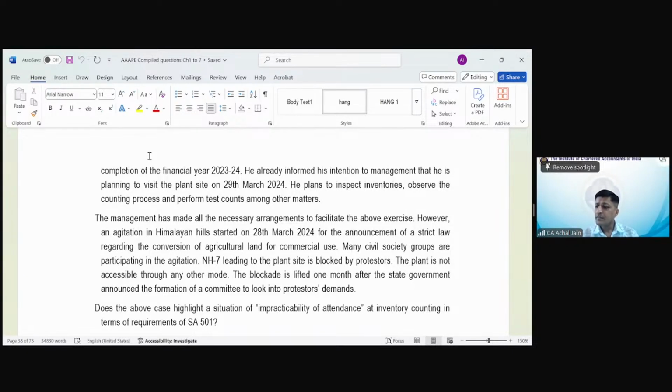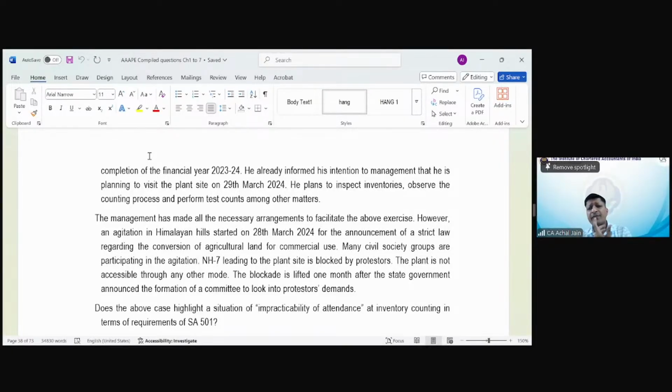It is the duty of the auditor to count the physical inventory after the situation is lifted. He has to do the audit procedure and confirm the inventory for the particular financial statement.